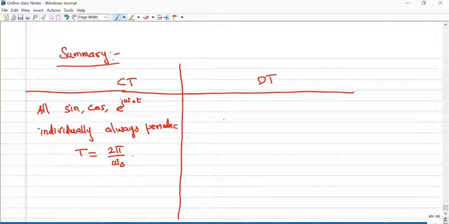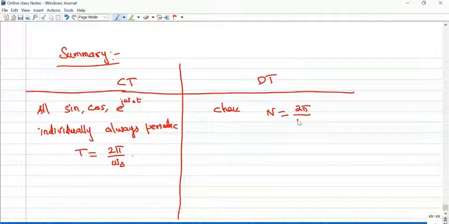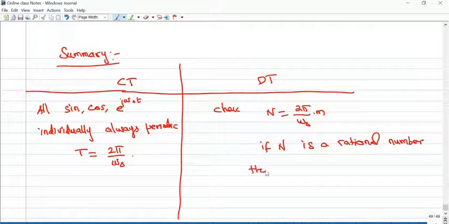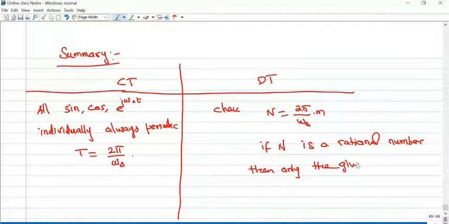But in DT signals, check N equals 2 pi by omega naught into m. After selecting this m value, if N is a rational number, then only the given signal is periodic.